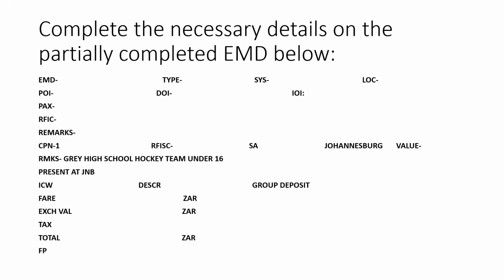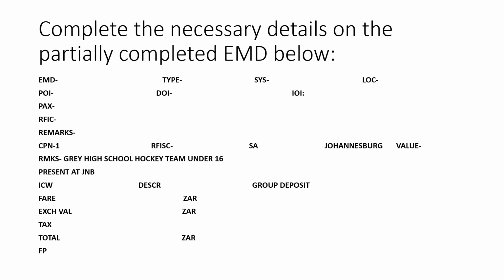We also have RFIC. Now, very important, we did indicate in our important notes that the reason for issuing a group deposit will always be D, and then the language will always be financial impact. We have remarks.